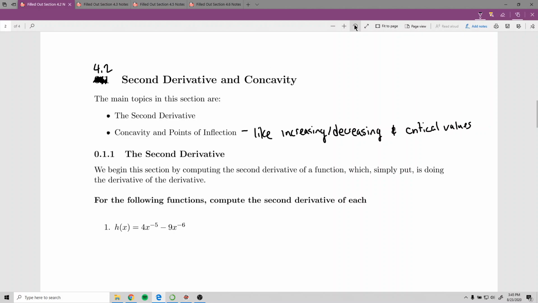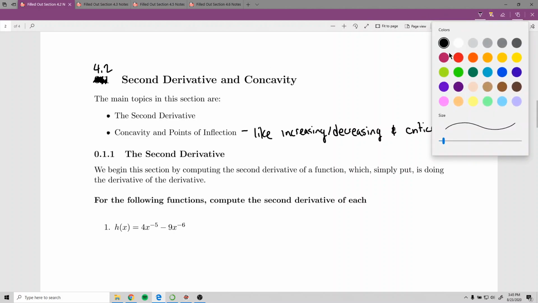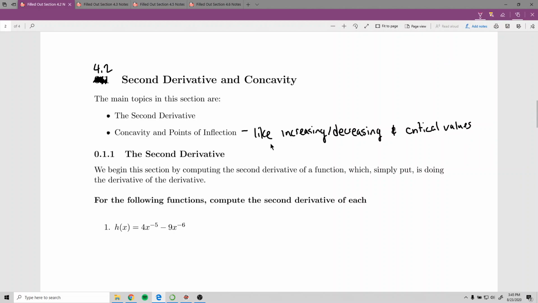All right, but first thing, the second derivative, what does that mean? Well, simply put, the second derivative of a function is the derivative of the derivative. We've done a lot of derivatives in this class, and if you look back on any of them, you always get a formula, another function for the derivative.